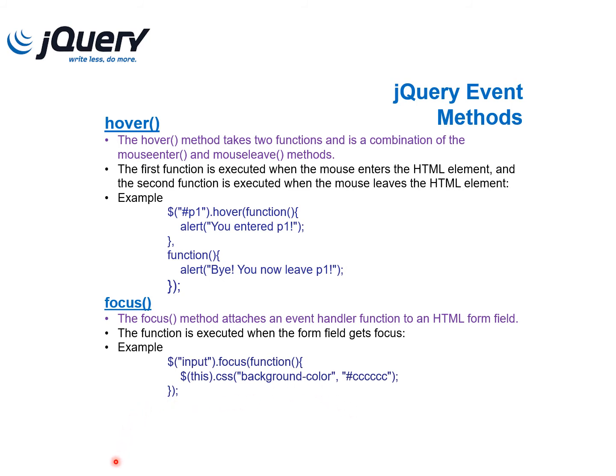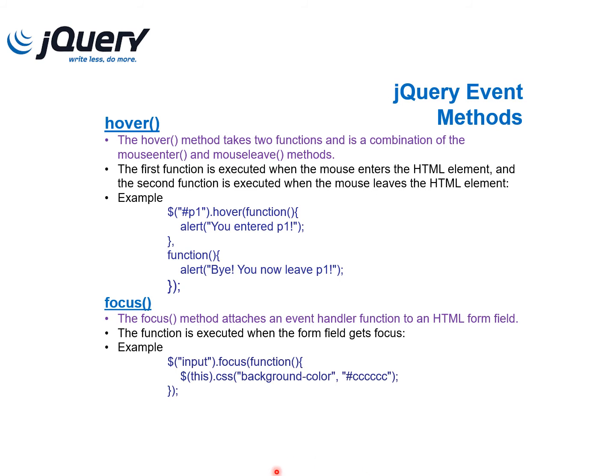Here there is an example: $("input").focus function. If any of the form input tags gains focus, then $(this).css background color #CCCCCC.